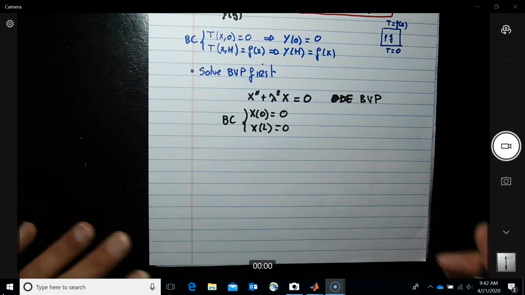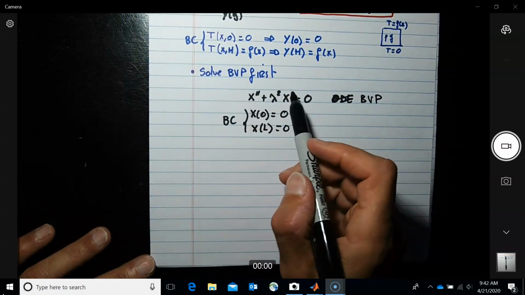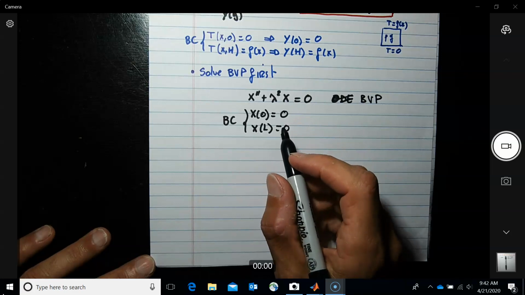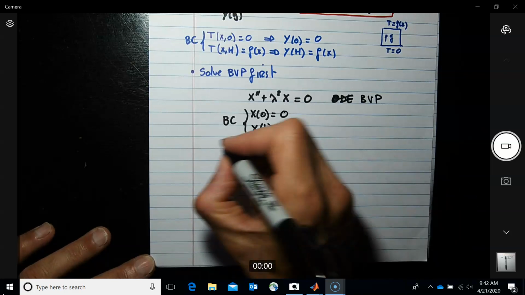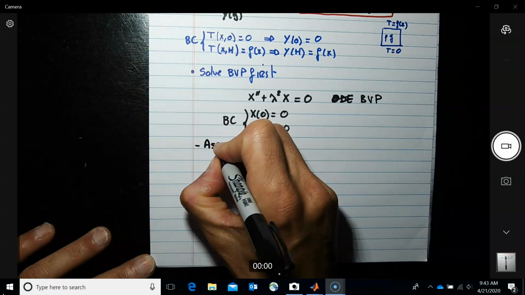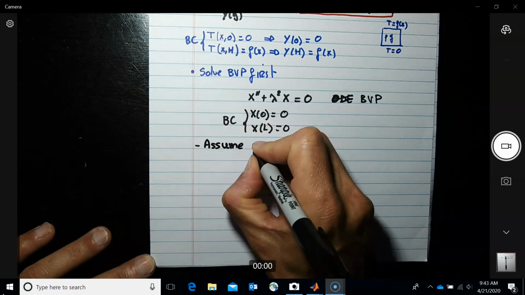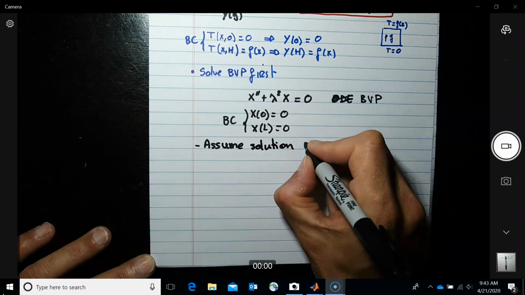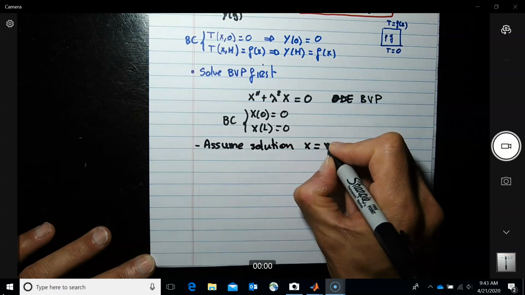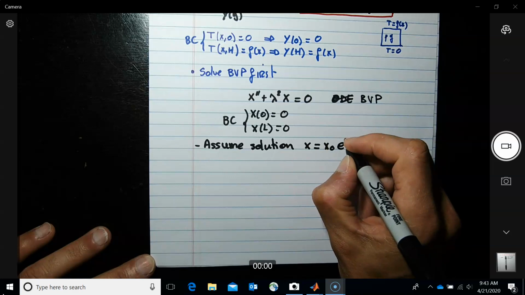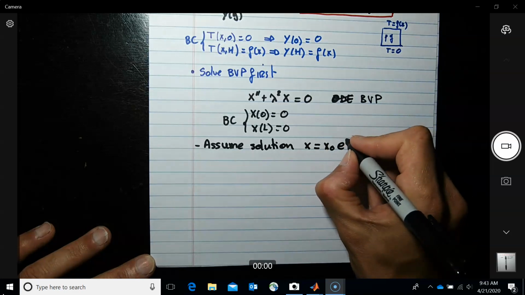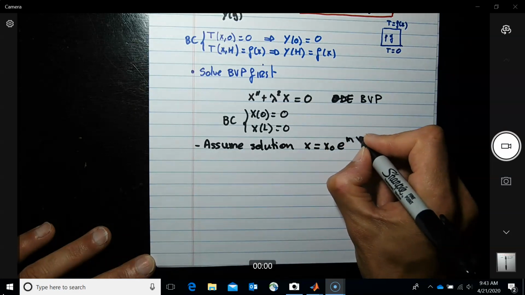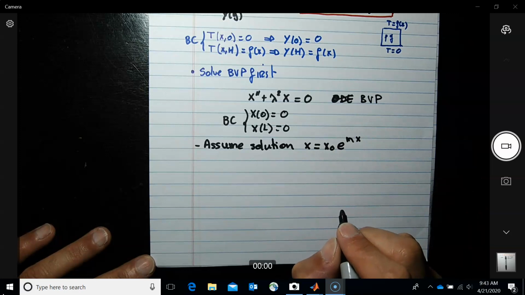So again, here we follow the same procedure. Within this one, what you need to do first is assume the solution. Let's say it will be of the form x equal to x sub naught e to the mx.